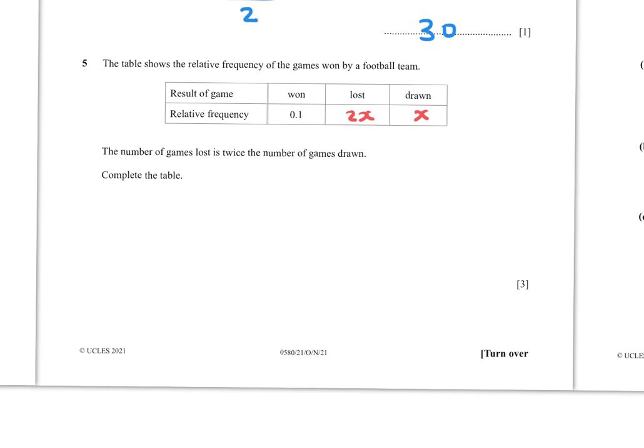Now if we add all, 3x plus 0.1 equals 1. So 3x equals 0.9, divide by 3, x equals 0.3. So the relative frequency for drawn is 0.3, and for lost it is 0.3 times 2, which is 0.6.